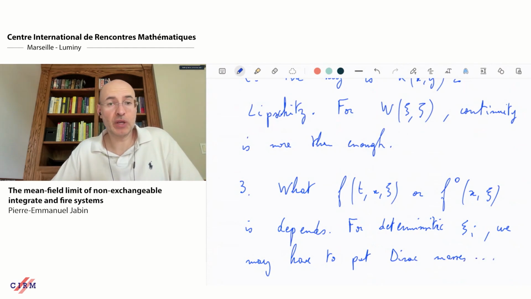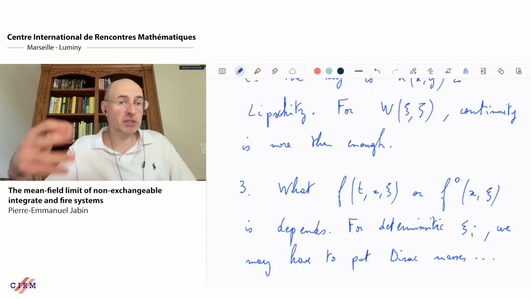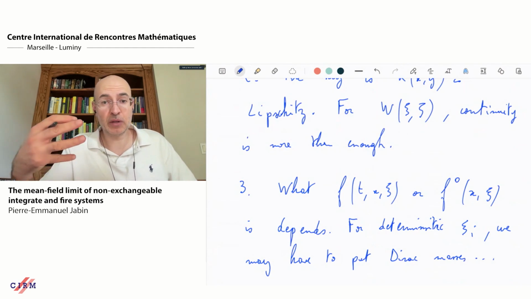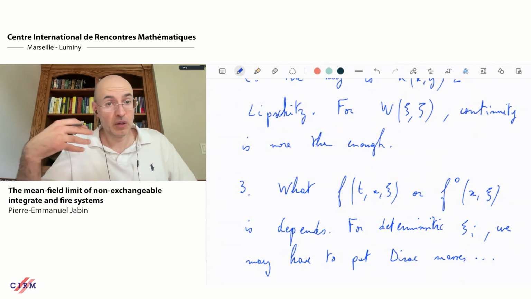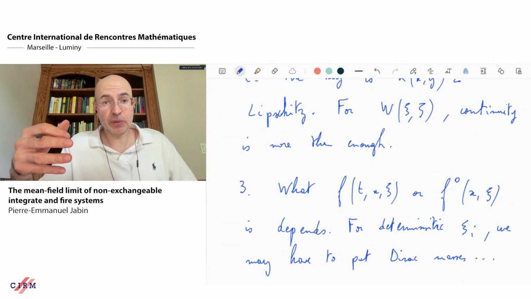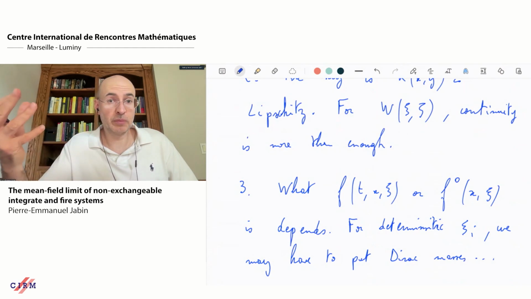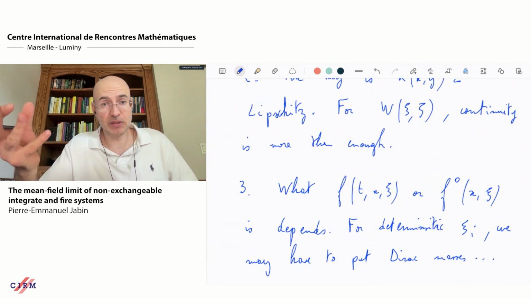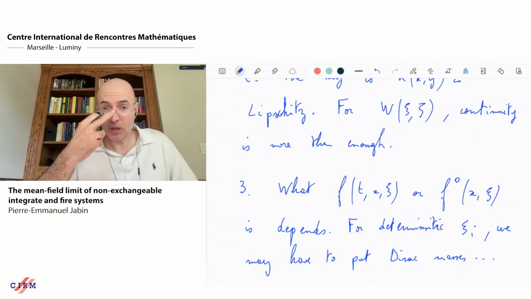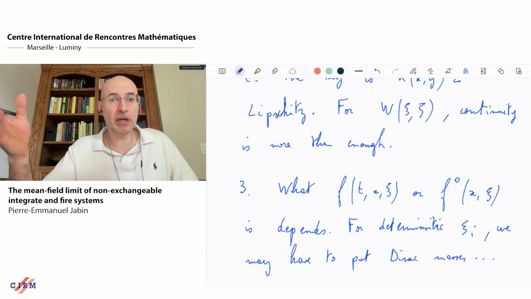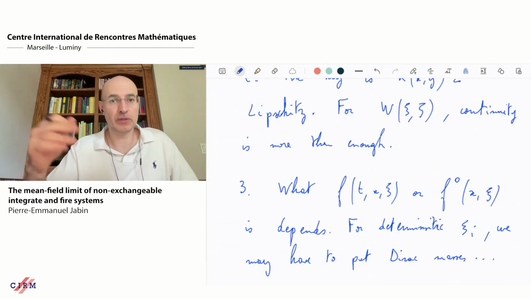Depends a little bit, okay? But if the same psi is being repeated for a lot of particles, for example, then I might actually have a Dirac mass in psi in F0 at the limit, because I'm not using that many of them. If you throw the psi randomly, then it's different.